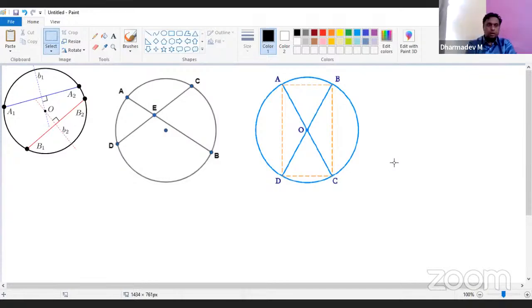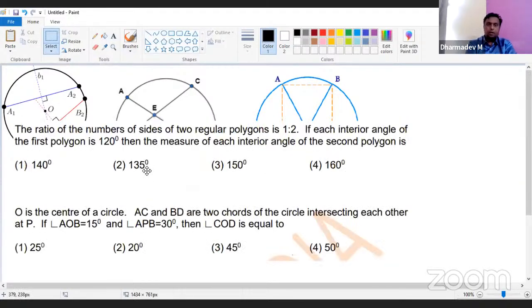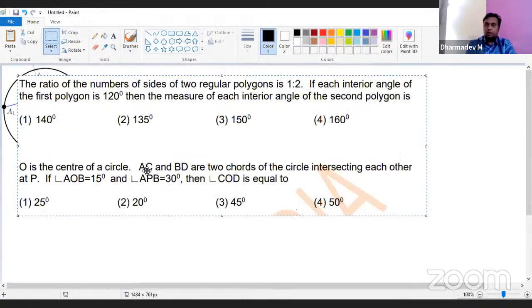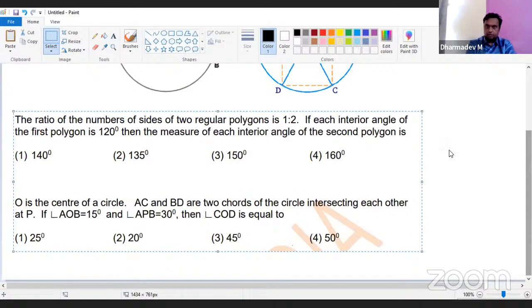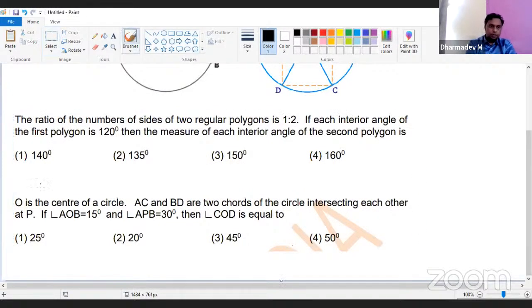So now in this, let us take any of these pictures. Fine. So in this, O is the center of the circle.